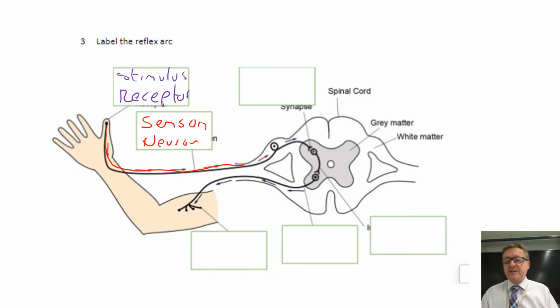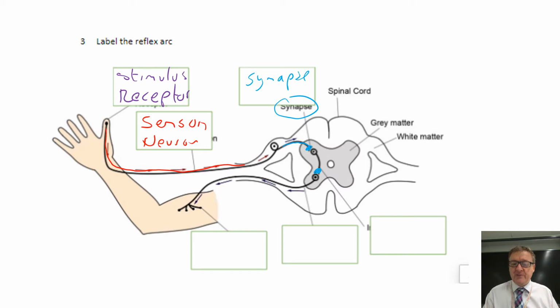Okay, now it kind of makes sense, doesn't it? Sensory, sensing. Then it goes all the way along that sensory neuron and gets to this little thing here, which is your synapse. Okay, now there's a little bit of a clue there, synapse. You've also got another synapse here. Okay, and we'll talk about those in a minute, about what exactly they are.